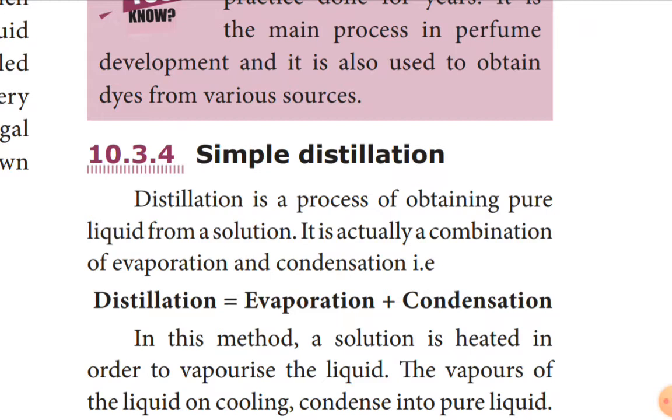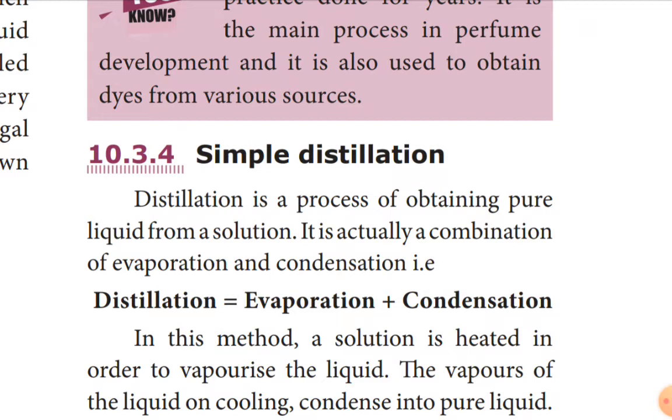That's why distillation equals evaporation plus condensation. Evaporation means that on heating, the liquid evaporates into gas. Condensation means that gaseous substances are cooled to bring back liquid. Both processes are used together in simple distillation.